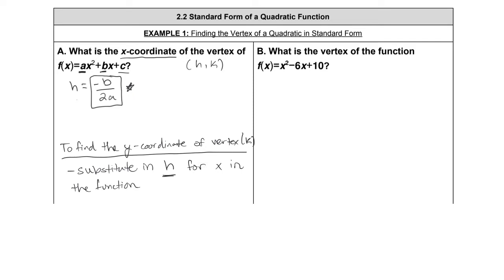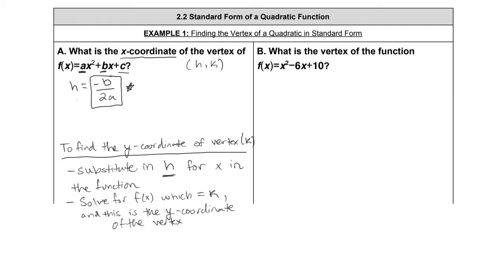And now when you do this, you're able to solve for f of x, which is equal to k, and this is your y coordinate of the vertex.